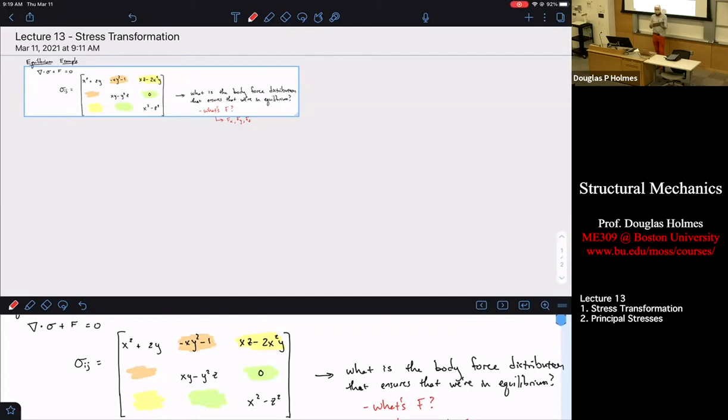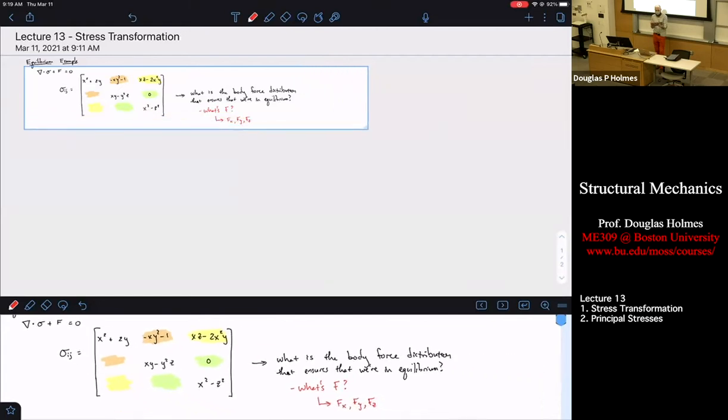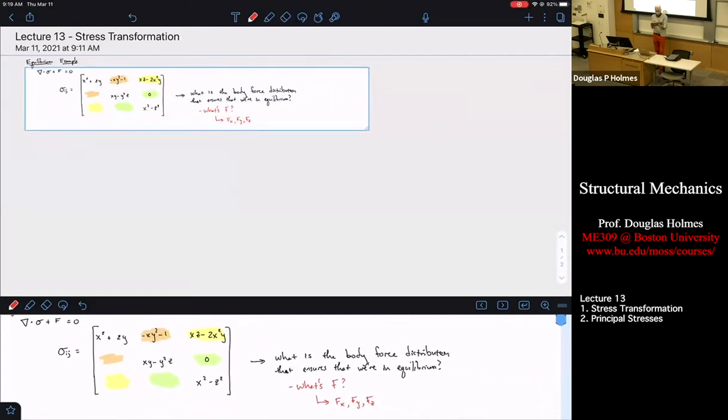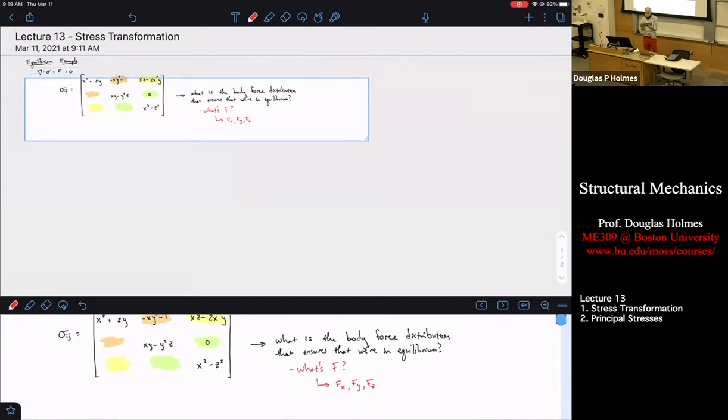I'm going to switch briefly. Oh, actually, I wanted to ask one more question. What's the body force distribution and what's the magnitude of the force vector? Magnitude of your vector, just like always, is the norm of that vector. So you take all the components of that vector, you square them, and you take the square root of it.